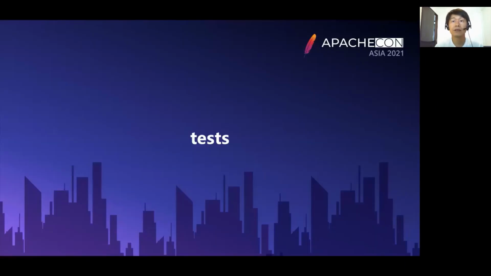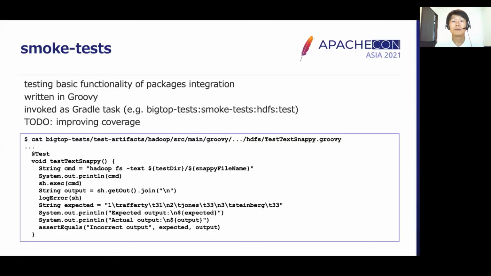Here we can talk about testing. Smoke tests are basic integration tests of packages. The test cases are written in Groovy. They typically invoke CLI and test that the expected output is returned.